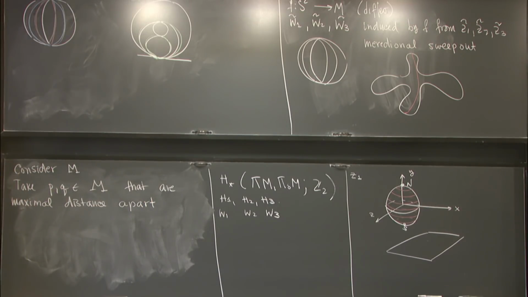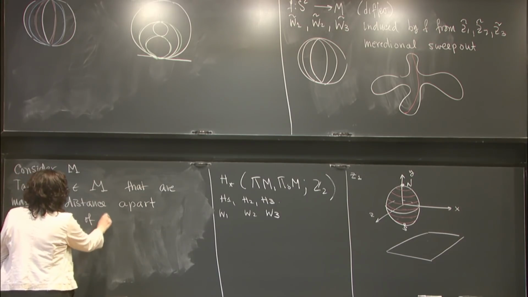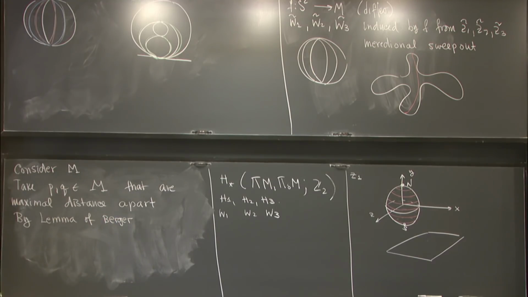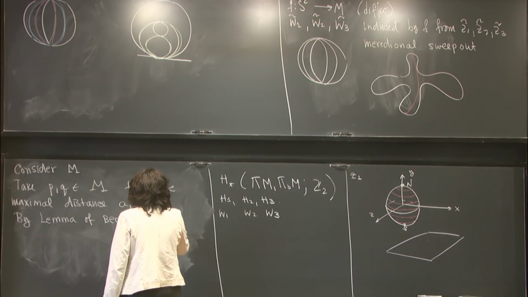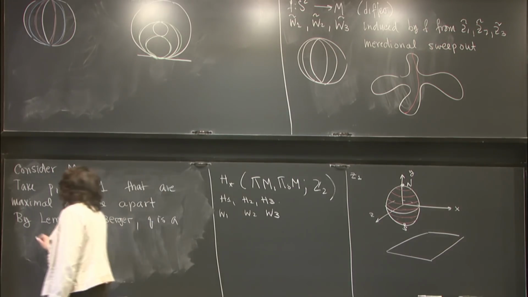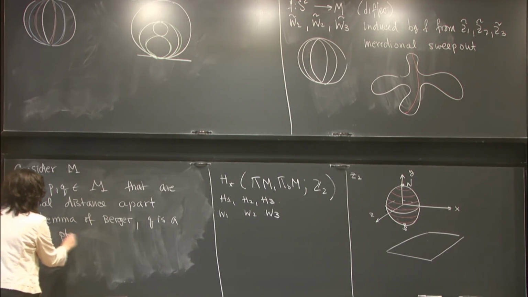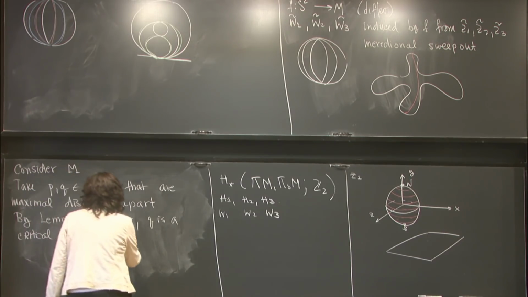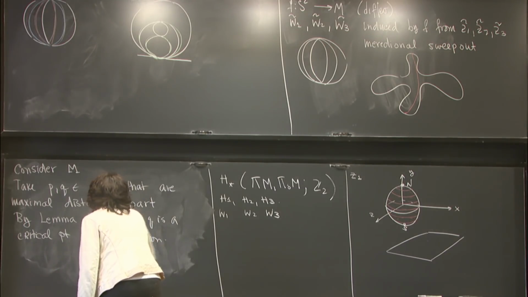Okay, then by Berger's lemma, Q is a critical point of the distance function with respect to P. And so here's an observation of Croke.